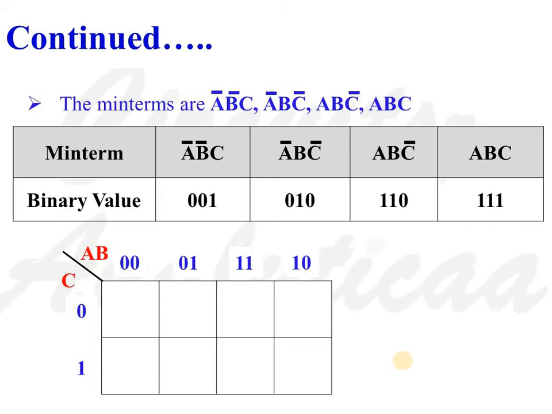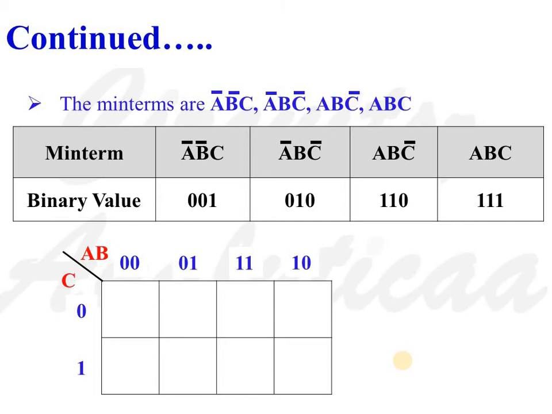For a standard sum of product expression, to get the binary values, substitute the true variables in the minterms with 1 and complemented variables in the minterms with 0. So here in the given expression, first minterm is A bar B bar C. As A is present in complemented form, in the binary value that becomes 0.